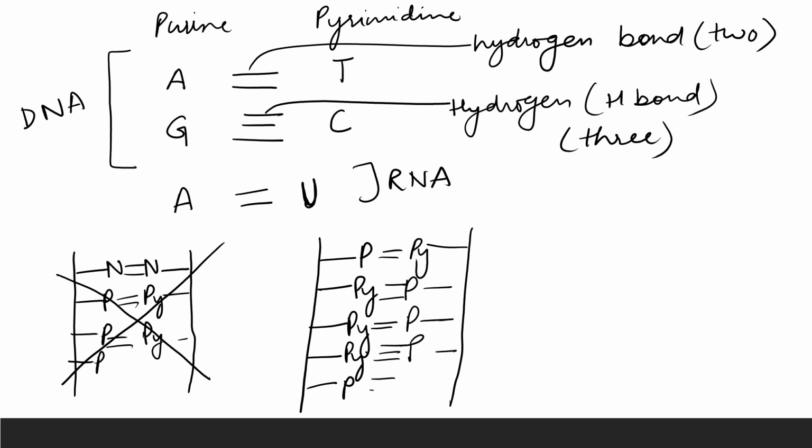This way, here we have a purine, now we have a pyrimidine, right? So purines will always bond with pyrimidines, but it's not like on one side all purines are present and on the other side all pyrimidines are present. No. Purines, pyrimidines, pyrimidines, purines, anything can be possible. But what is to remember is that purines will always make a bond with pyrimidines. I hope this is clear to you, right?